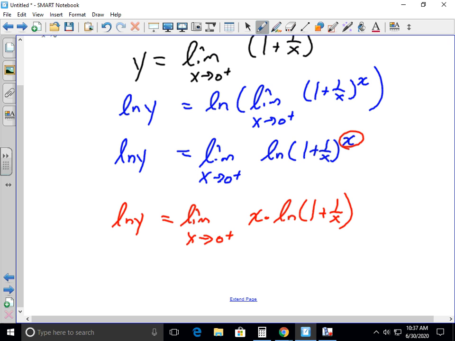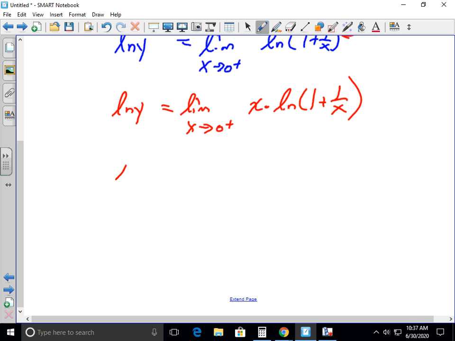Hold up a minute. We said to do L'Hopital's, we have to have a fraction. We have to have a function on top, a function on bottom. And while we do have a fraction here, that's just inside our function. That's not a function to a power. So how do we make this into a fraction so that we can apply L'Hopital's rule?